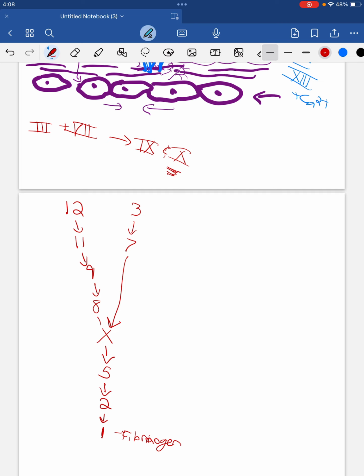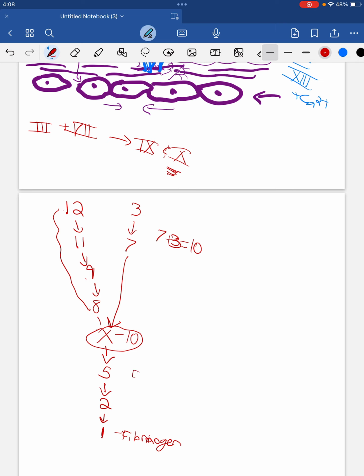Okay, so this is factor 10, right? So a way to remember this is we have everything here, right, from 12 to 8 except 10, because 10's down here. Okay, so 12, 11, 9, and 8. Here, 7 plus 3 equals 10. Okay, so we have our factor 10.